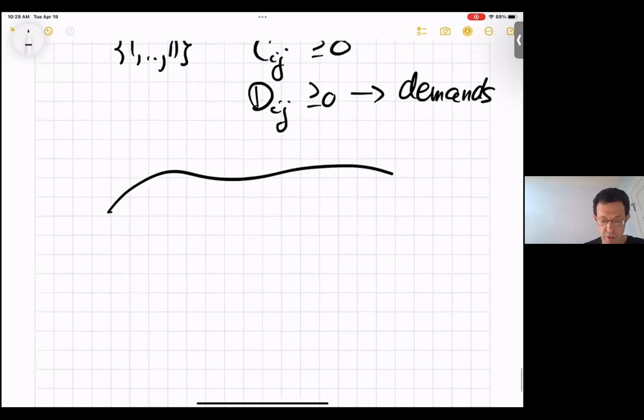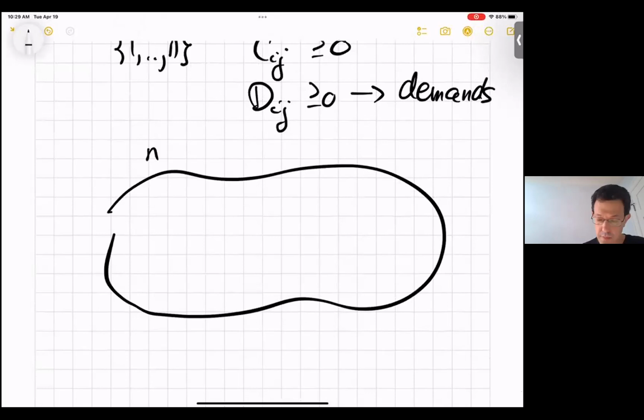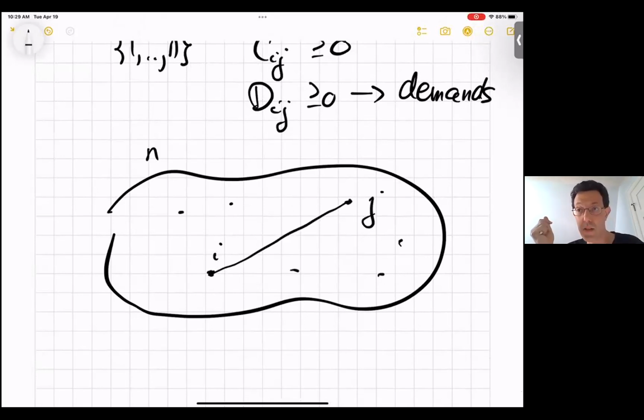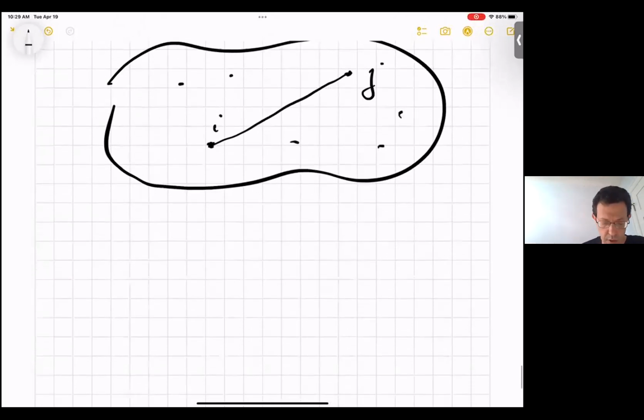So you have this universe of n elements. This is i, this is j, and i and j have a capacity associated with them, a non-negative number, and also a demand associated with them. Okay, and the goal is to compute or evaluate the following.